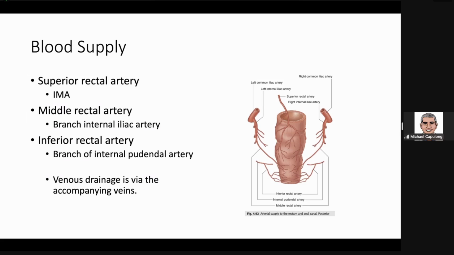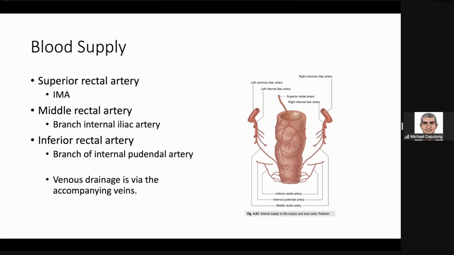There are three main sources of blood supply to the rectum. These are the inferior mesenteric artery, internal iliac, and internal pudendal artery, and its respective branches. Venous drainage is via the accompanying veins.